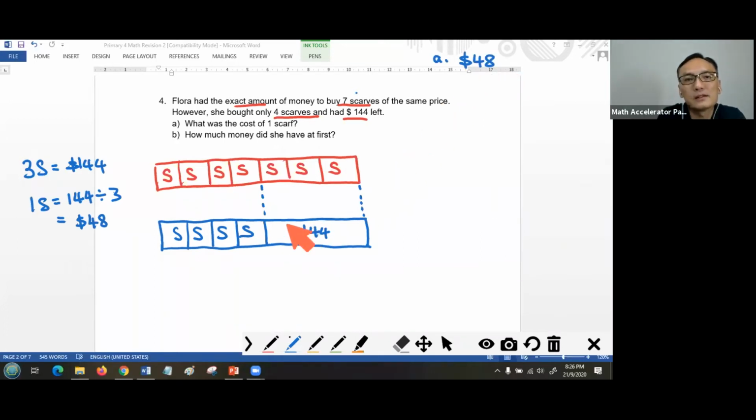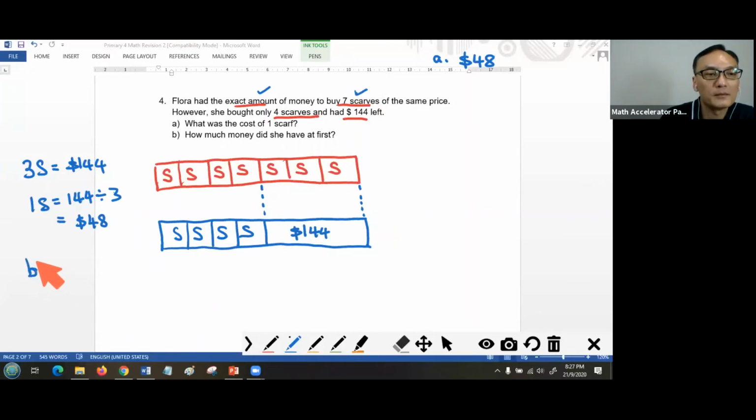The second question is asking us, how much money did she have at first? Are you able to help me calculate this? Can I give you a minute? You can show me the steps to arrive at the answer for part B. So remember, at the beginning, it was mentioned that she has the exact amount of money to buy 7 scarves.